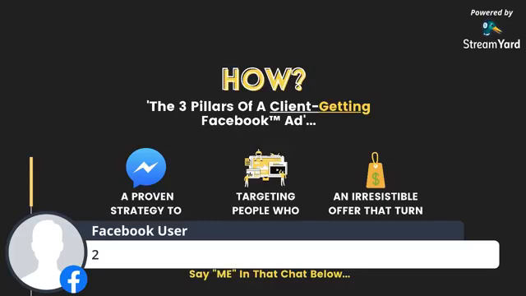And number 1 is a proven strategy to acquire new clients. Most business owners have got it kind of backwards, and they're running ad campaigns with no strategy, with no proven method. They're kind of just winging it, right? So they're using boosted posts. They're literally posting on Facebook, Facebook pops up a little message that says, hey, this post is performing 95% of your average posts.